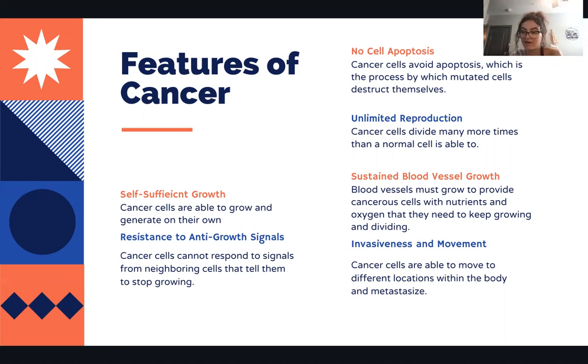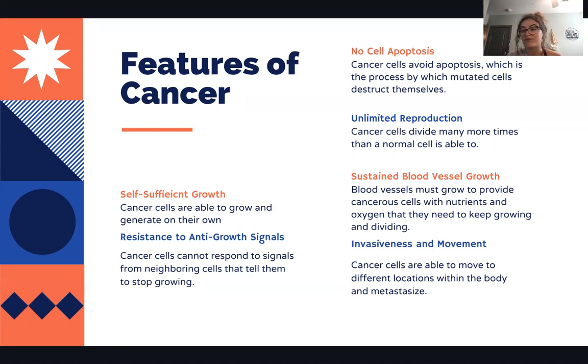The third thing on this list is that there's no cell apoptosis. Now, apoptosis is a natural process that's basically a cell's self-destruct mechanism. When a cell becomes mutated or it's divided too many times or it's old, it goes into something called cell apoptosis, which will self-destruct the cell, and it will not be able to create new cells or grow or divide.